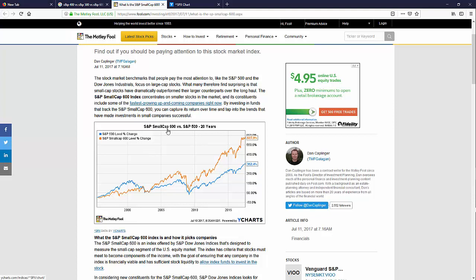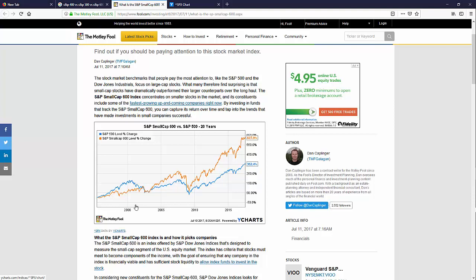The 1500 largest stocks by market capitalization traded on U.S. exchanges. So they are all kind of large stocks, but because there's 1500 of them, the small cap stocks are quite a bit smaller than the large cap stocks.